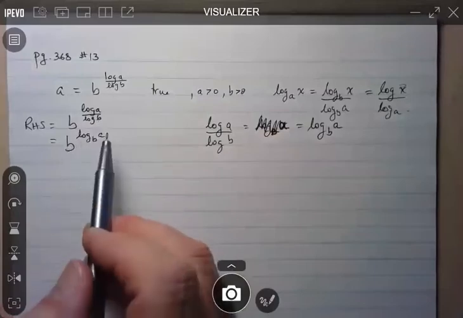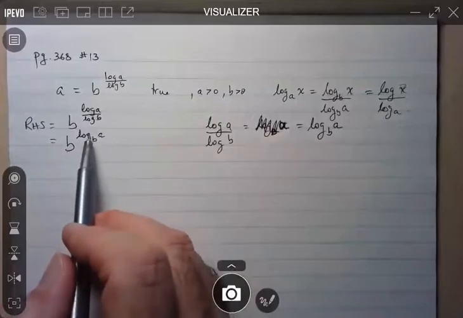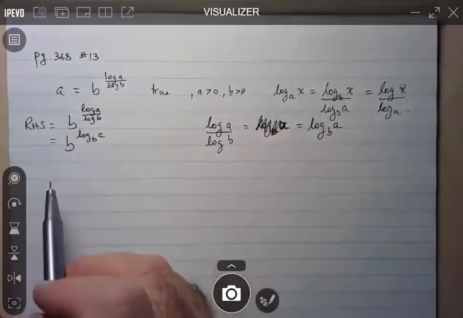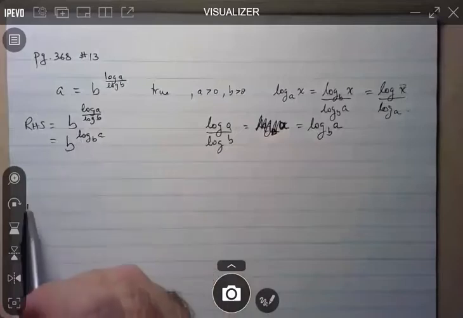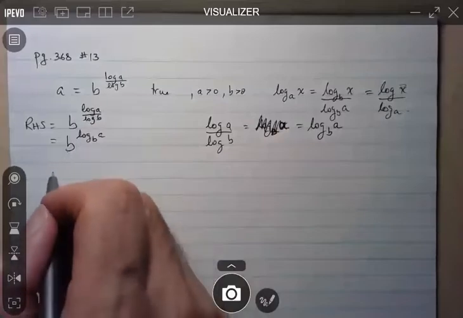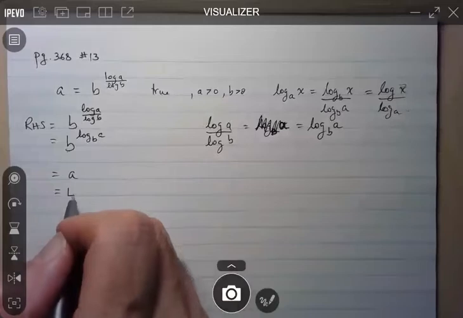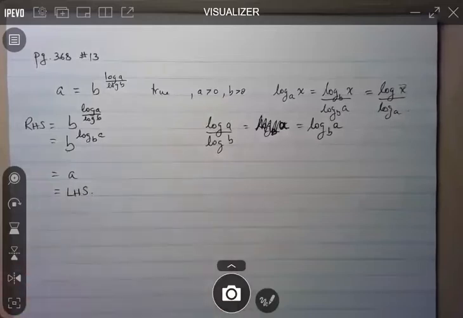I'm taking this input and putting it into the logarithm, then taking that and putting it into its inverse function, the exponential function with base B. Since these are inverses of each other, it just spits out the original input. And there's my left-hand side.